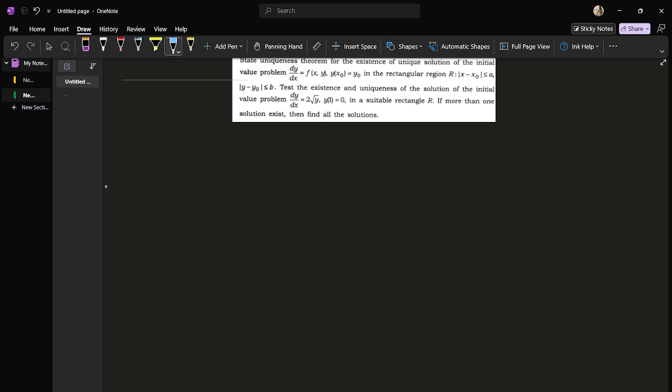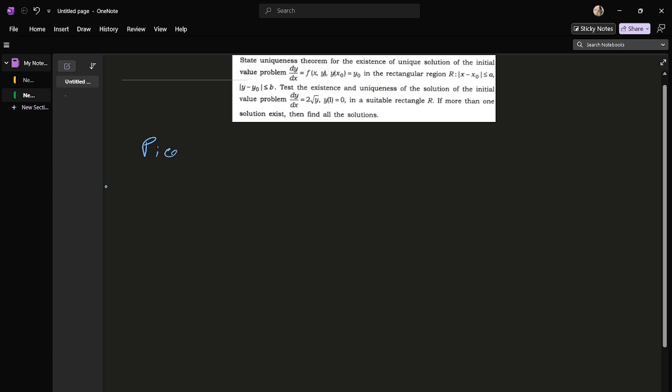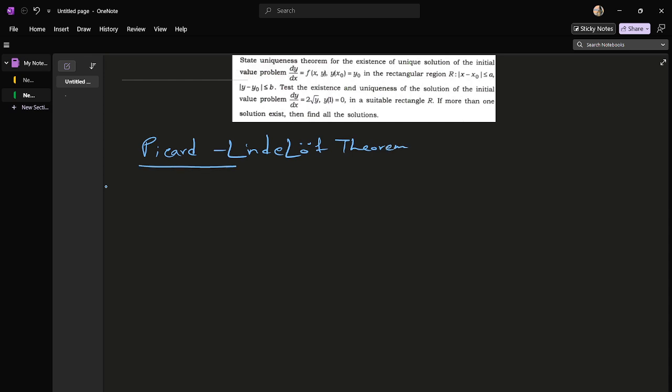So our uniqueness theorem is the Picard-Lindelöf theorem.